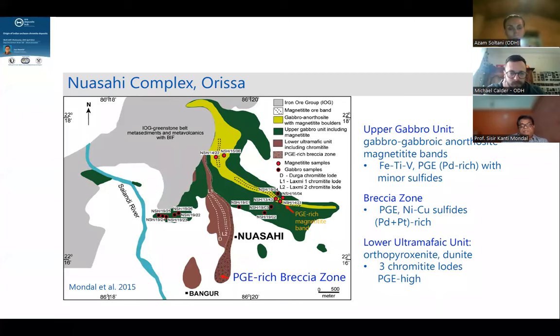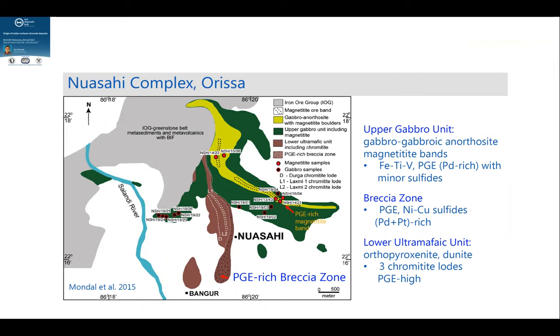And at the contact between this eastern orthopyroxenite unit and the lower part of the gabbroic rock, there is a breccia zone, and that breccia contains clasts and fragments of ultramafic rock and chromitites, which are PGE rich, and sometimes the matrix of these clasts and fragments is cemented by pegmatitic gabbro, and that pegmatitic gabbro also contains a good amount of platinum group element mineralization.